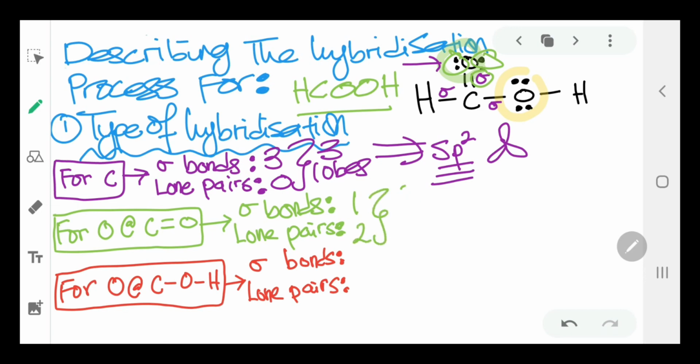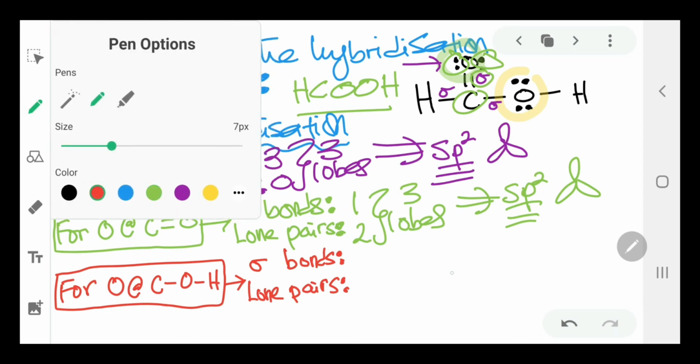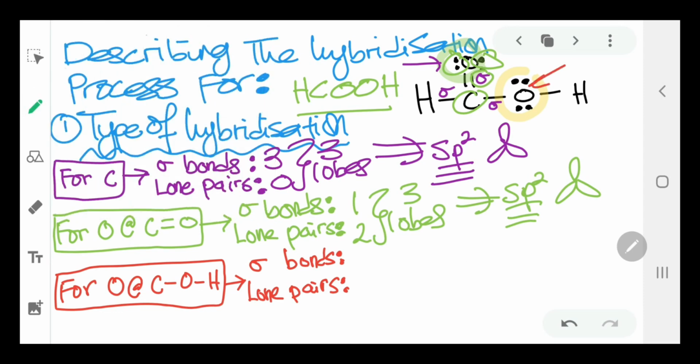So this one also has 3 lobes, and 3 lobes is sp2. So it has the same hybridization type as the carbon right there. But what about the oxygen that is attached to H and carbon?